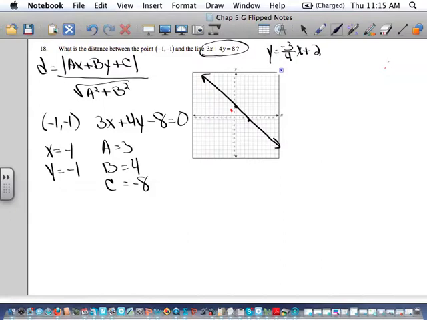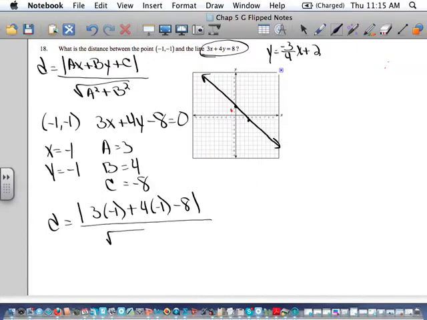Now I just have to substitute it in. So the distance is equal to the absolute value of a, 3 times -1, plus b, which is 4 times y, which is -1, minus 8, all over the square root of a squared, which is 9, plus b squared, which is 16.